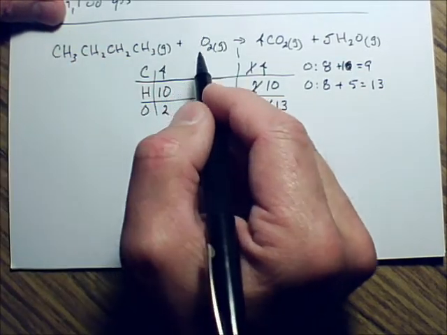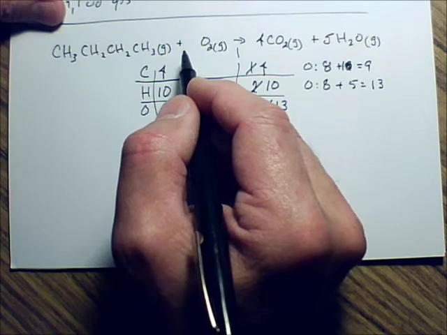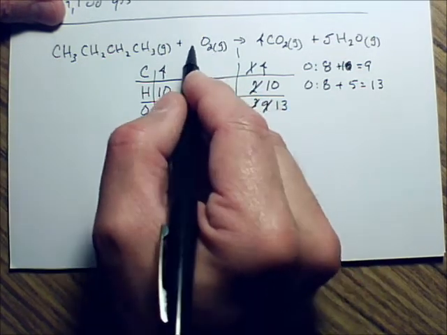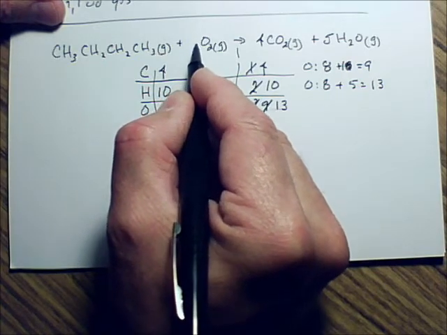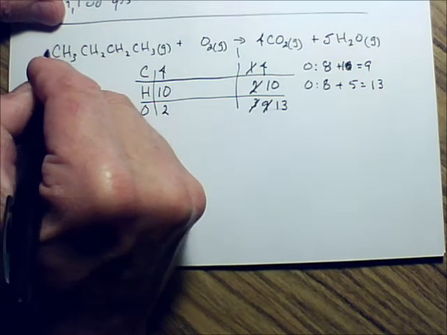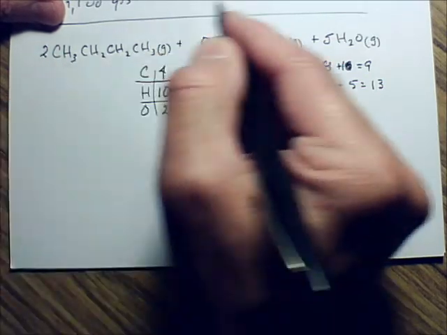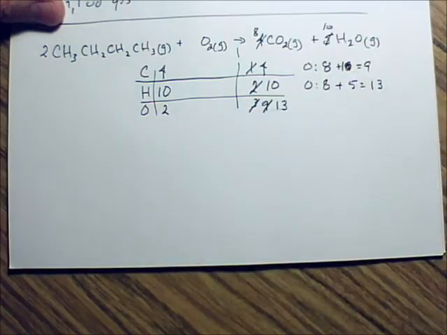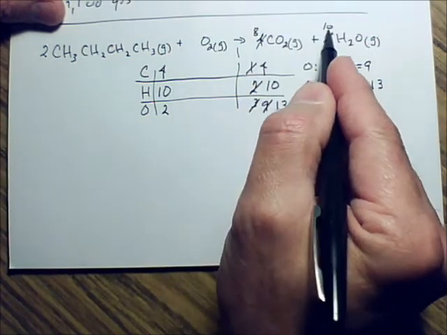Everything but the coefficient in front of the oxygen gets multiplied by 2. Please remember, the implied coefficient here is not 0, it's 1. So we're multiplying this 1 by 2. This gets multiplied by 8. This gets multiplied by 2 to get 8, multiplied by 2 to get 10.